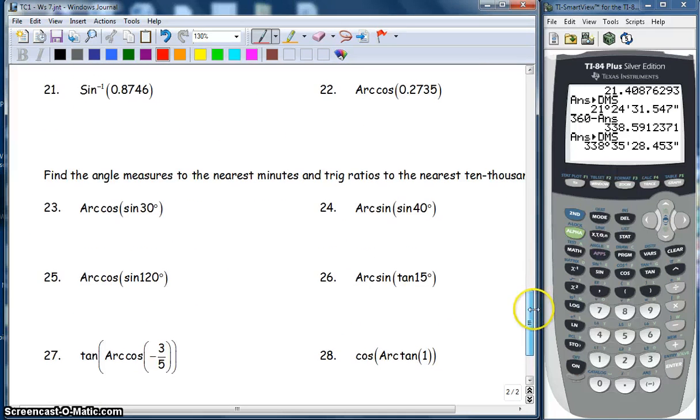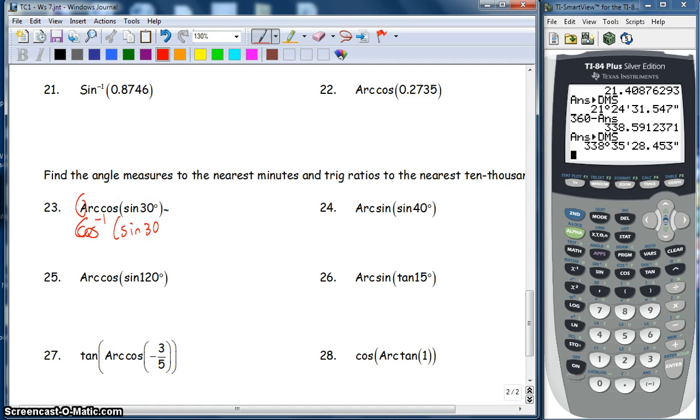But these are pretty much saying, and this you can actually type into the calculator. Find the angle measures to the nearest minute and trig ratios to the nearest 10,000th. Okay, so arc cosine, again, we want big arc now, so we want a value, is basically saying cosine inverse of the sine of 30.